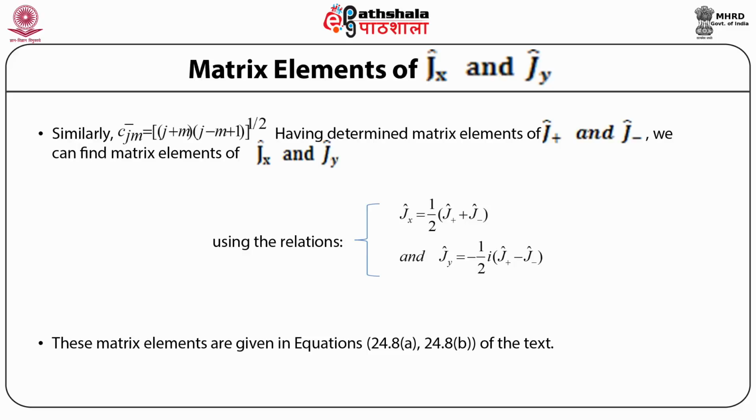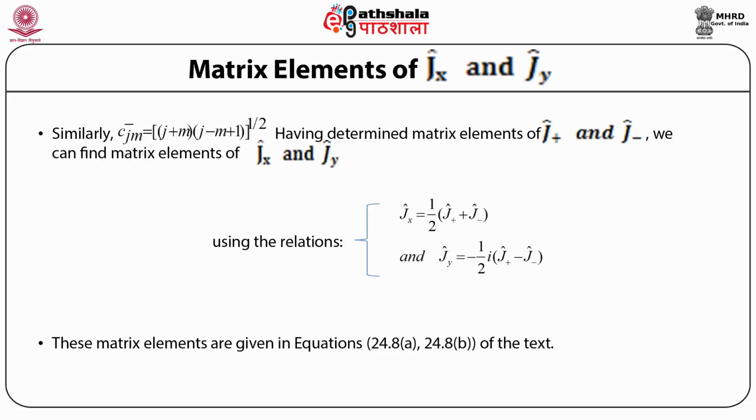So if we take the norm of these equations and equate them, then what we find from the solution of these equations is that the constant Cjm plus is equal to, within brackets, j minus m into, within brackets, j plus m plus 1, whole to the power half.